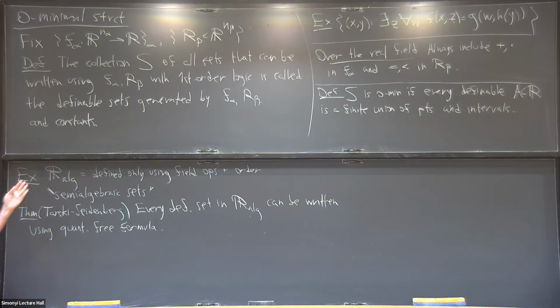Because you can take your formula and every existential quantifier you can get rid of, and every universal quantifier you can rewrite as not exists not. So you can inductively simplify your formula by removing one quantifier at a time. Okay, so this is the theorem.